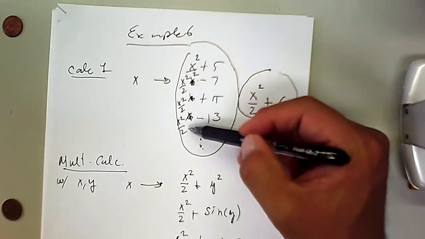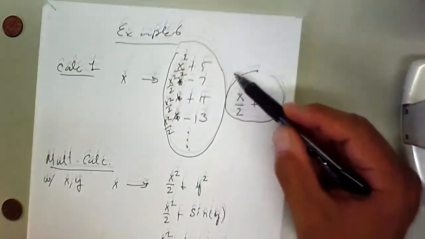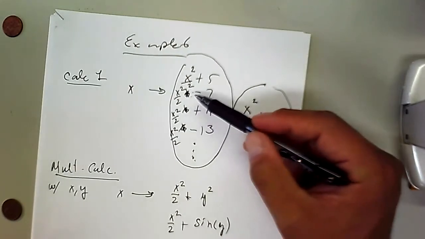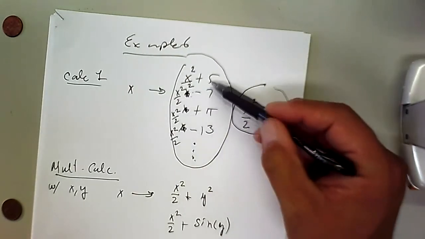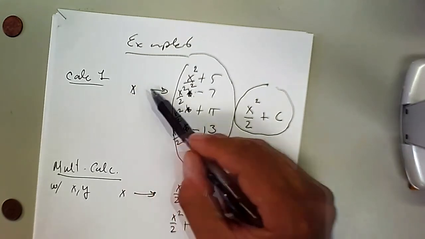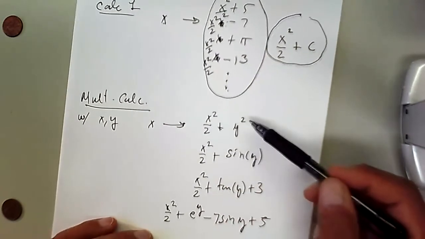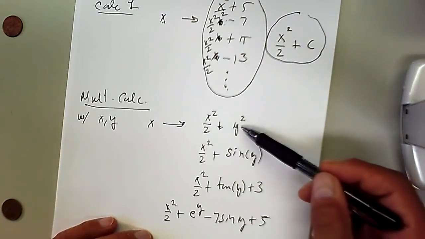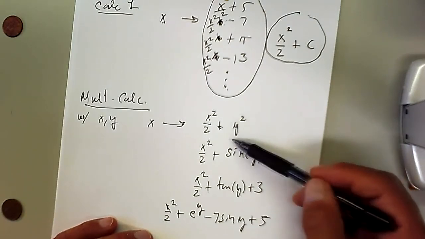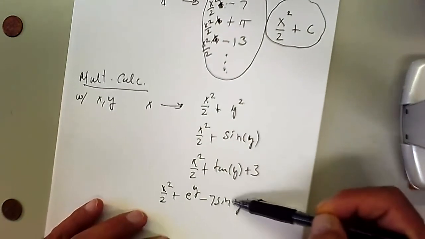The difference is that we could add any constant because the derivative of a constant with respect to x is 0. But in multivariable calculus, the derivative of y squared with respect to x is also 0, so we could have any function of y and still end up with 0.